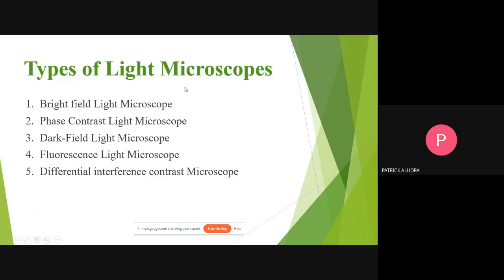Under the light microscope, where you're using light as the main source, we have different types. The first one is the bright field light microscope. We also have the phase contrast light microscope, dark field, fluorescence, and the differential interference contrast microscopes.